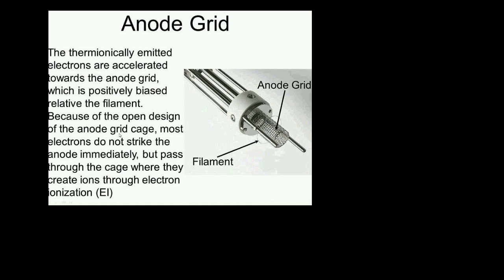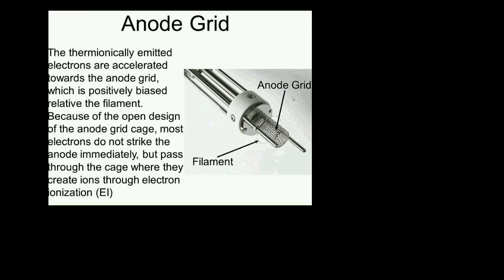The main thing to focus on in terms of the anode grid is the setting, which is the bias of the anode grid. Essentially, the anode grid is going to decide how much energy the ions will have as they go into the quadrupole mass filter.